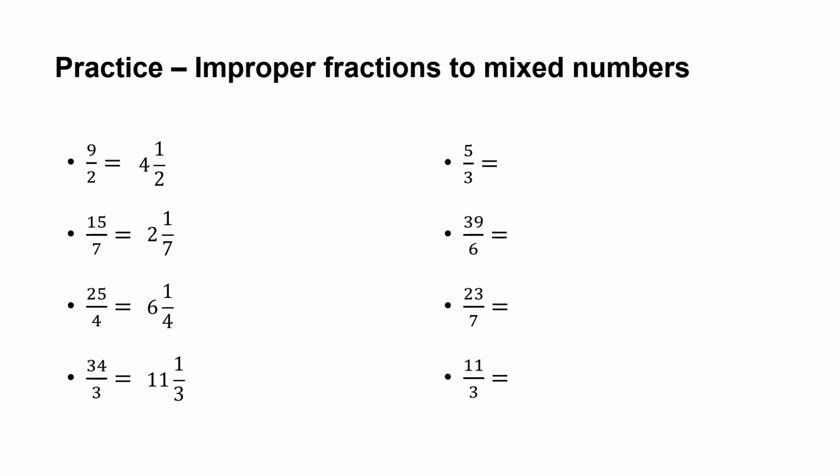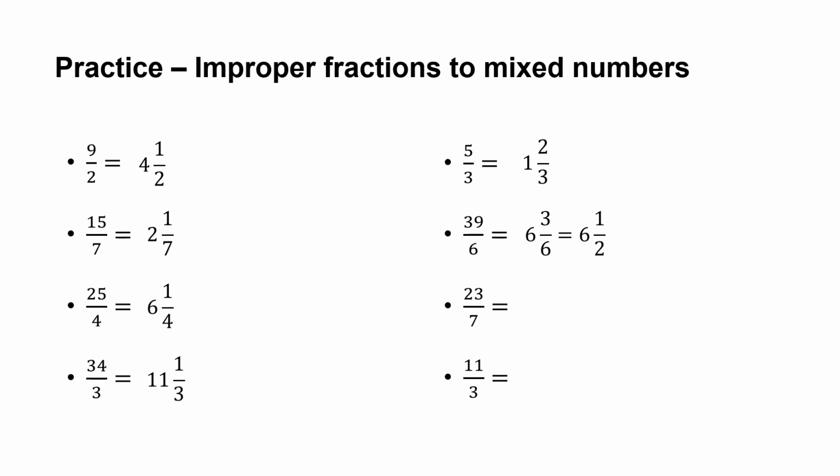Next, we have 5 over 3. So in this case, our number term is going to be 1, and then we have 2/3 remaining. Next, we have 39 over 6. So 6 goes into 39 6 whole times. And then our remainder is going to be 3/6. And 3/6 can be simplified to a half.